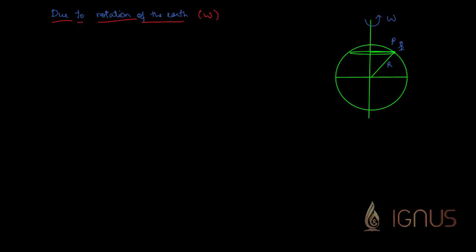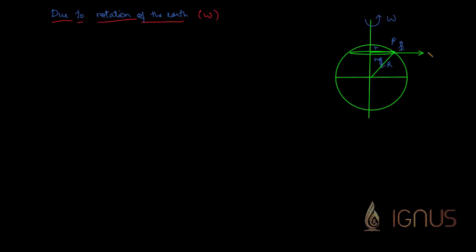So let me write it down as small r. Now we know that mg is acting in this direction, that is towards the center of the earth, which is mg. So some part of its gravitational force will be used to provide the centripetal force because it is moving in a circle. Therefore, the object experiences a centrifugal force.